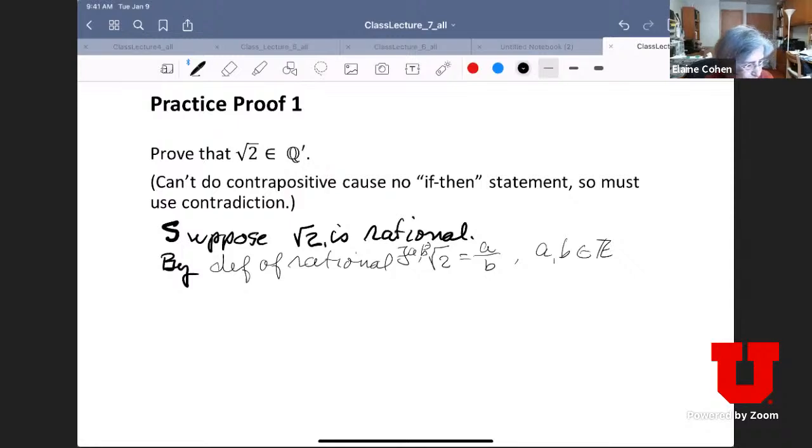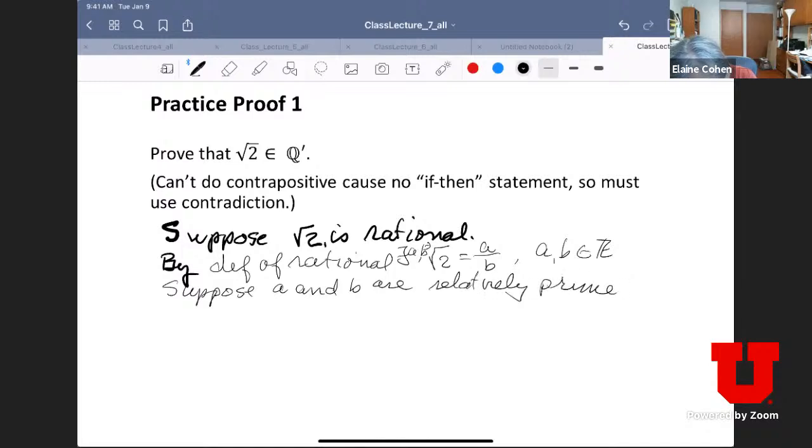Suppose a and b are relatively prime. We can always suppose that, because if they're not relatively prime, by the fundamental theorem of arithmetic, each one can be factored into a product of its primes, and we can factor out every prime that they have in common. So at that point, we're assuming they're relatively prime.